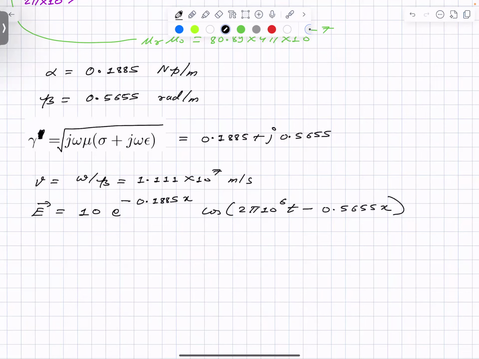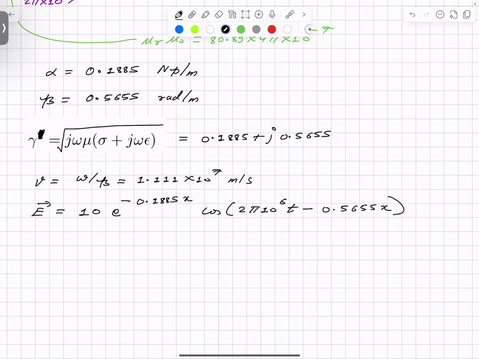And the field is in the y direction only. So when we take the curl, what do we get here? We only get the z component, right?